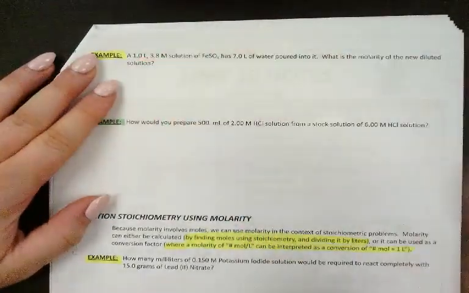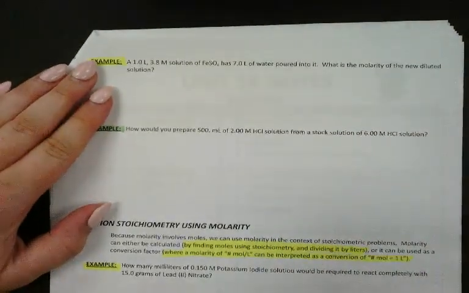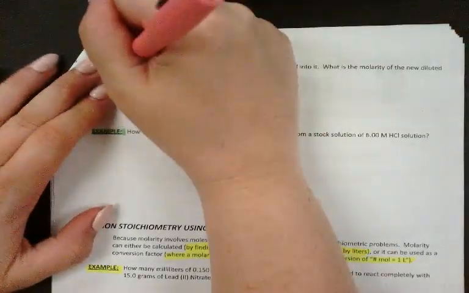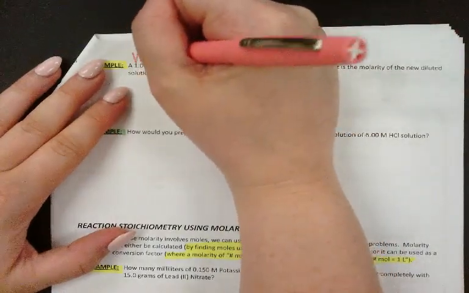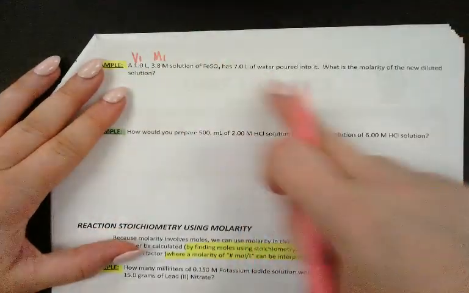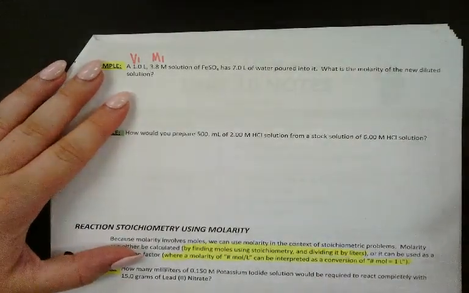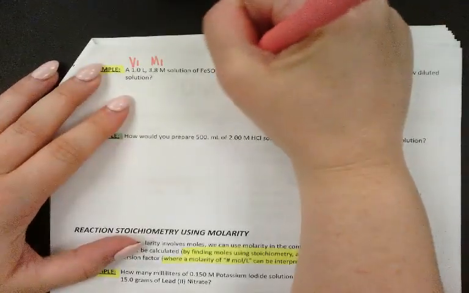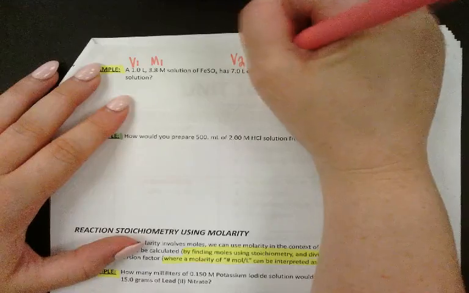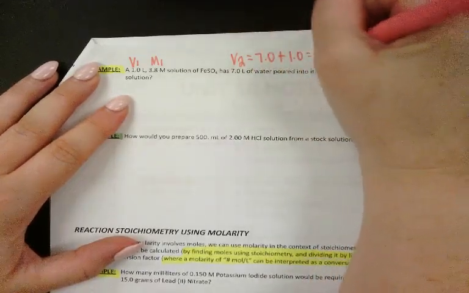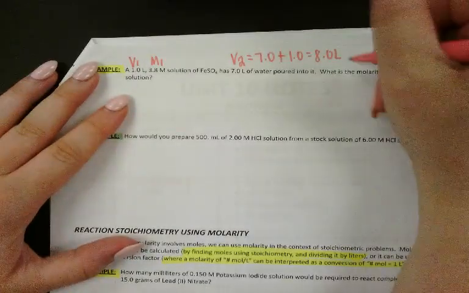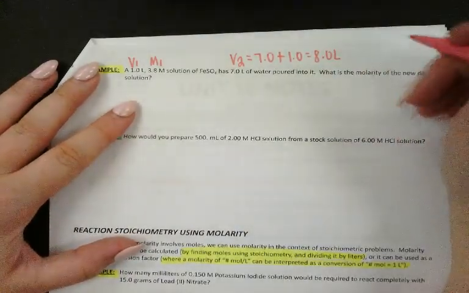So this 1.0 liter, is that my V1 or my V2? V1. This 3.8 molar is my what? M1. This 7.0 liter is not my V2. Okay, to find my V2, I have to take my 7.0 plus 1.0, and that gives me my 8.0 liter, which is my V2. What is the new molarity?